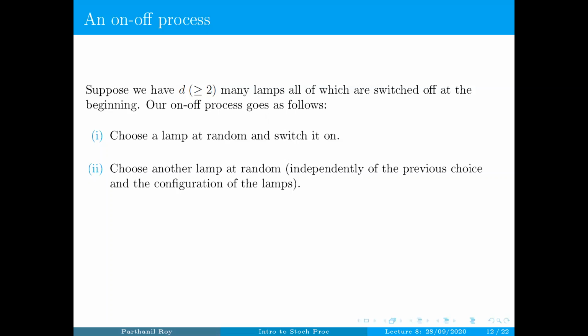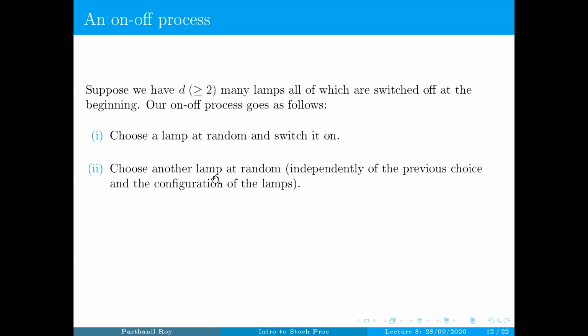So the configuration can be: the first one is on and all others are off, or the second one is on and all the others are off, and so on. Although the configuration is of course random because you chose one of the lamps at random, your next choice would be independent of this configuration. Okay?